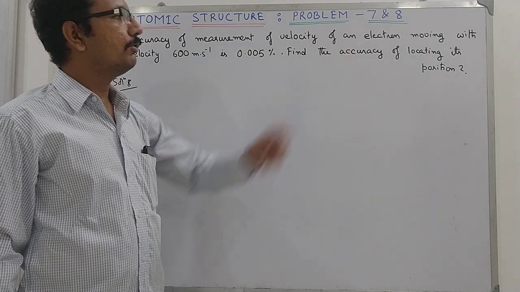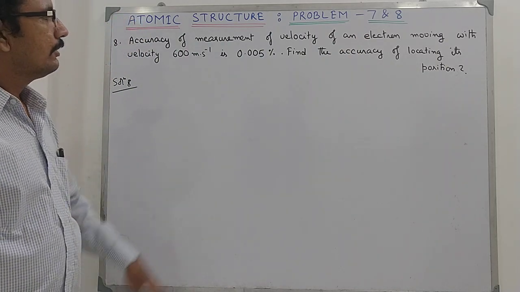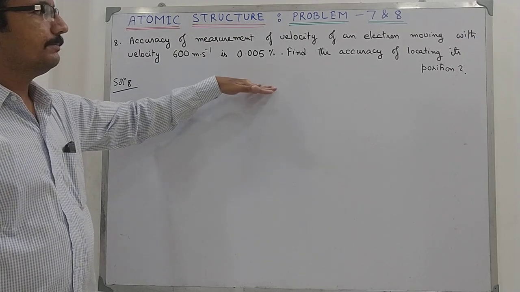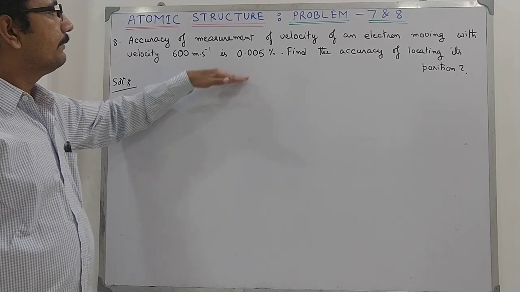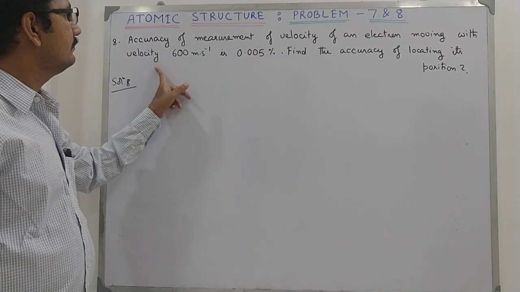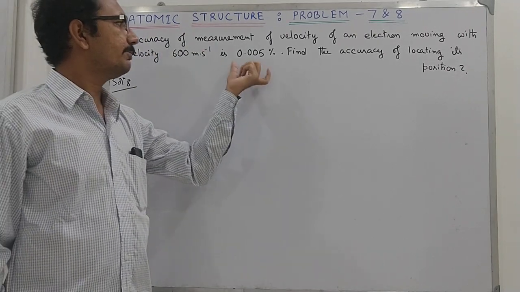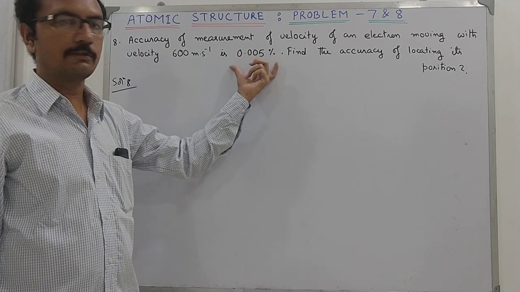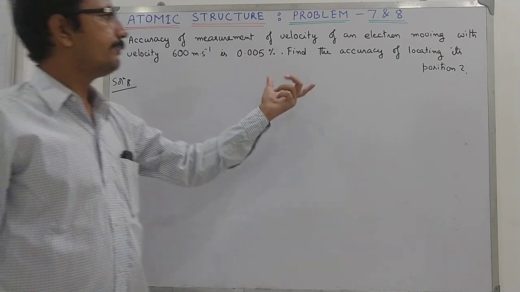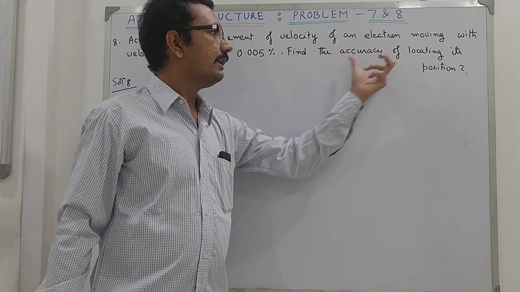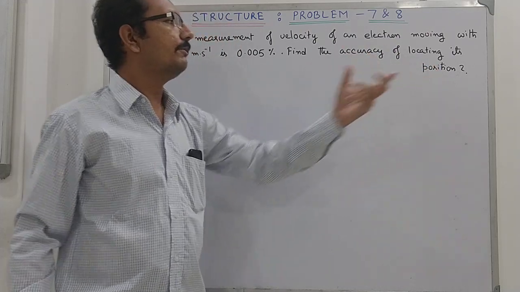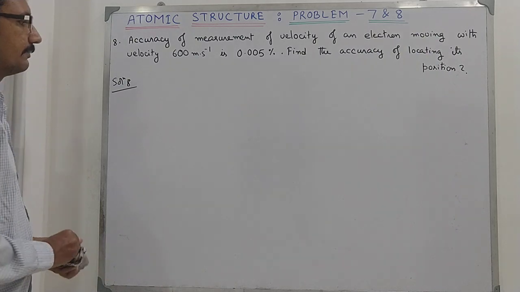Now find the accuracy of locating its position. So this is an uncertainty principle problem, and the velocity of the electron is given and the accuracy in measurement of that velocity is given. So this accuracy will give you the uncertainty in velocity, and you have to find from it the uncertainty in determination of position, that is, the accuracy of locating its position.